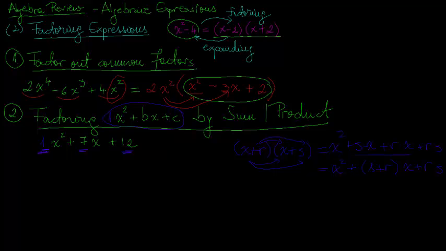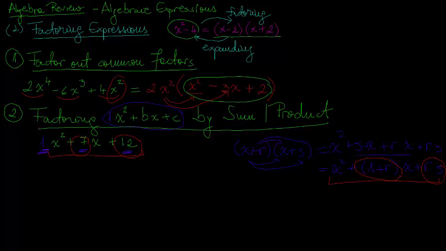Now this is the idea for this particular technique. Notice that this expression here is in essence what we have over here. We have x squared with the coefficient of 1, and then we have 7 instead of r plus s, and 12 instead of r multiplied by s.